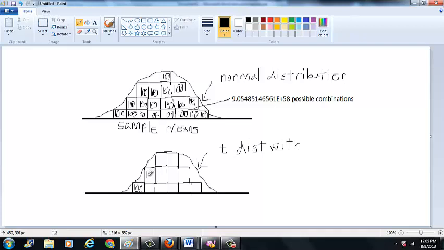When you draw your diagram of t-scores, you want to label the bottom, the number line, with t-score instead of sample mean, and put 100 inside these boxes again.